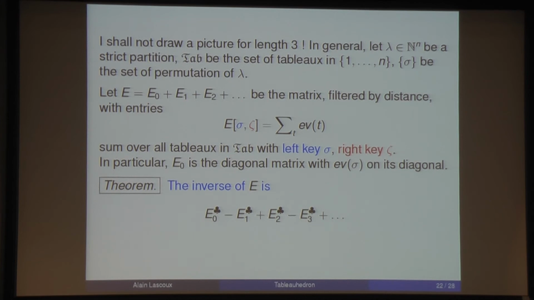So I have a matrix now. The evaluations of tableaux are monomials, and I have a matrix of polynomials. I take the inverse matrix, and what I claim is that the inverse matrix is more or less given by taking the inverse value.